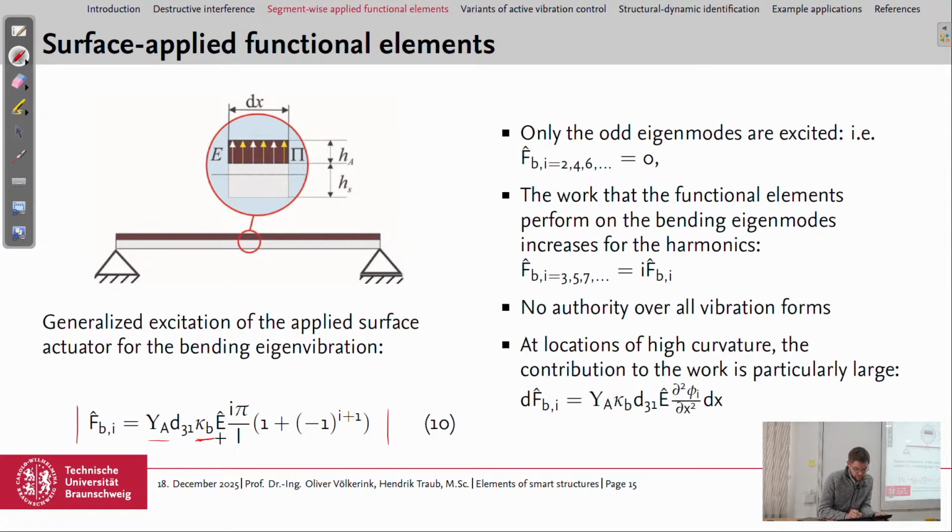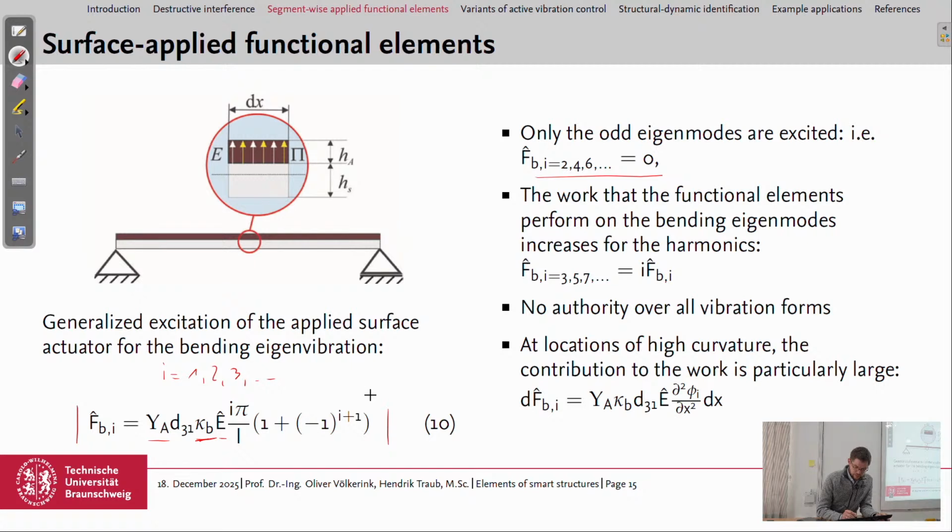And we have again this small signal behavior we already know, but we can have a look at different eigenmodes, and here we can see that if we put different values for I in it, so 1, 2, 3, and so on for the different eigenmodes, the first, the second, the third eigenmode, then only the odd eigenmodes can be excited because the even ones are 0 again.